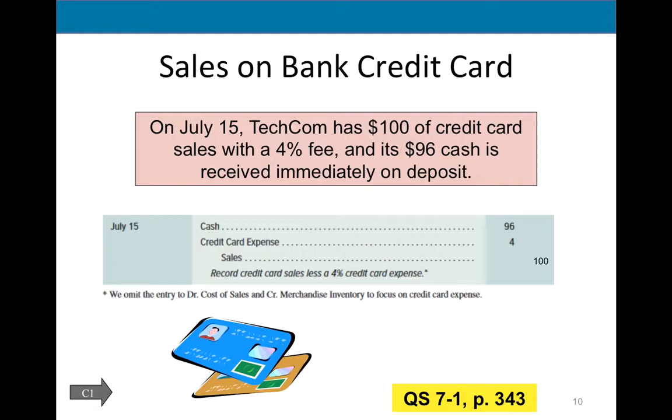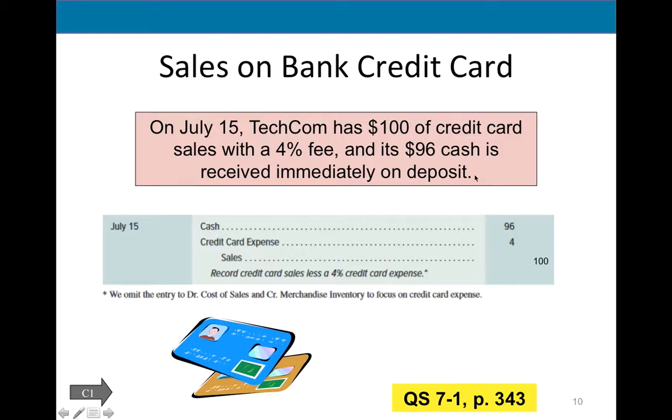same day. So when the customer uses the credit card, for example, here the customer, TechCom, has $100 of credit card sales and we have to pay 4%, which means that we will receive cash. You see, we do not even debit accounts receivable because cash is paid right away.